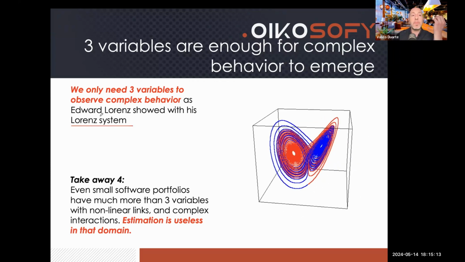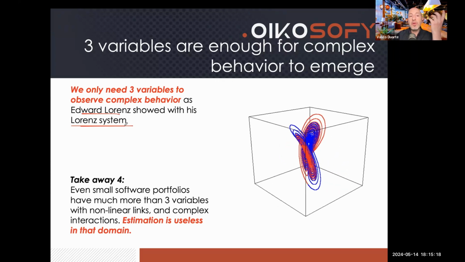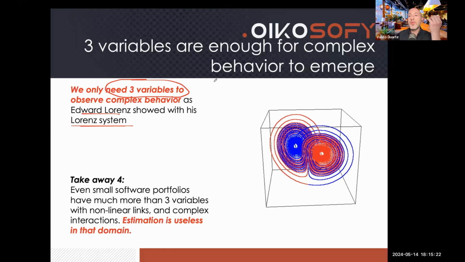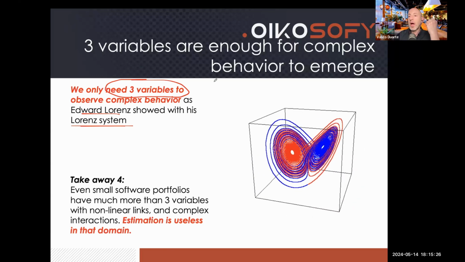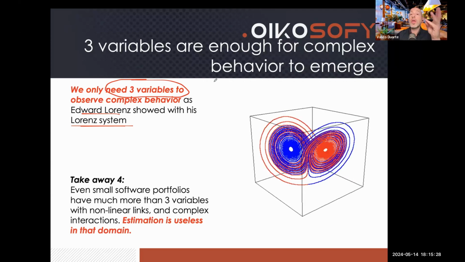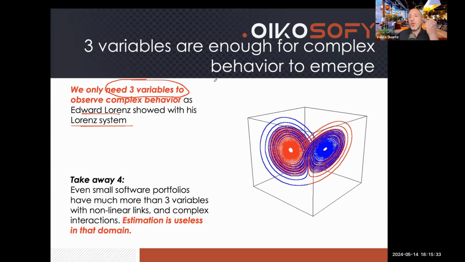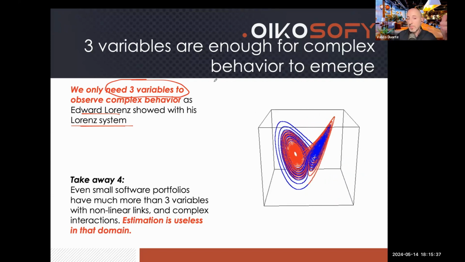Edward Lorenz, with the Lorenz system, demonstrated that you only need 3 variables to observe complex behavior in a system. 3 variables are enough. Now, it's very easy for you to think about 3, 10, 20 variables that affect the execution of one project, let alone several projects.